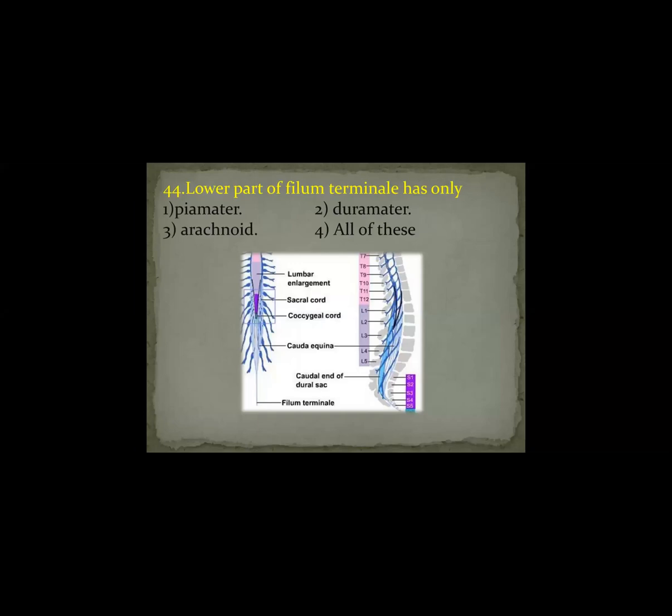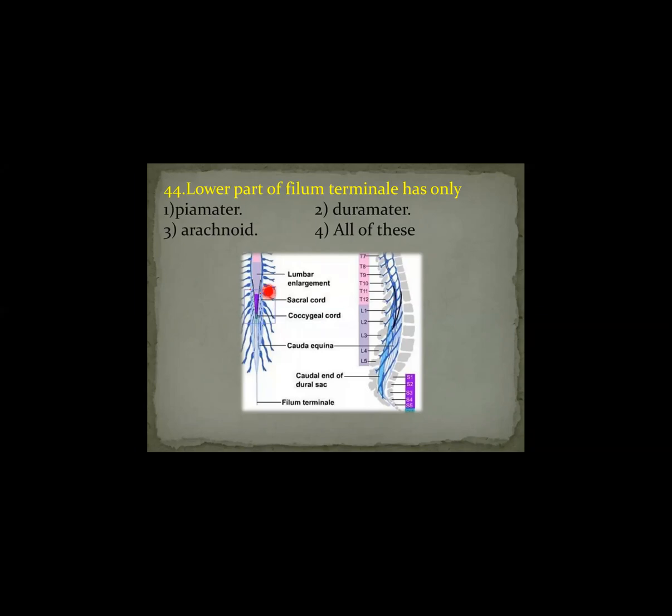Next question, 44. The lower part of the spinal cord has only filum terminale. First, what is filum terminale here? In the diagram, you can see the lower part of the spinal cord. Only the lumbar region, sacral region, and coccygeal region I have taken here.